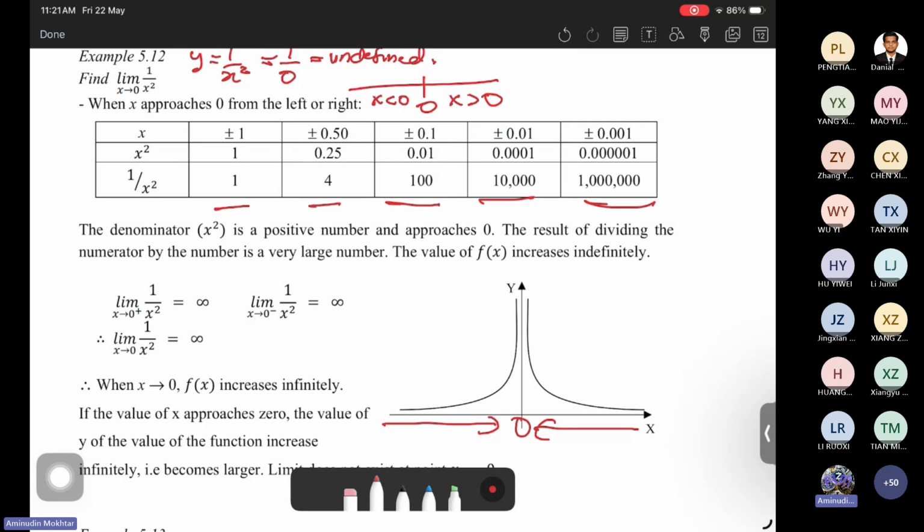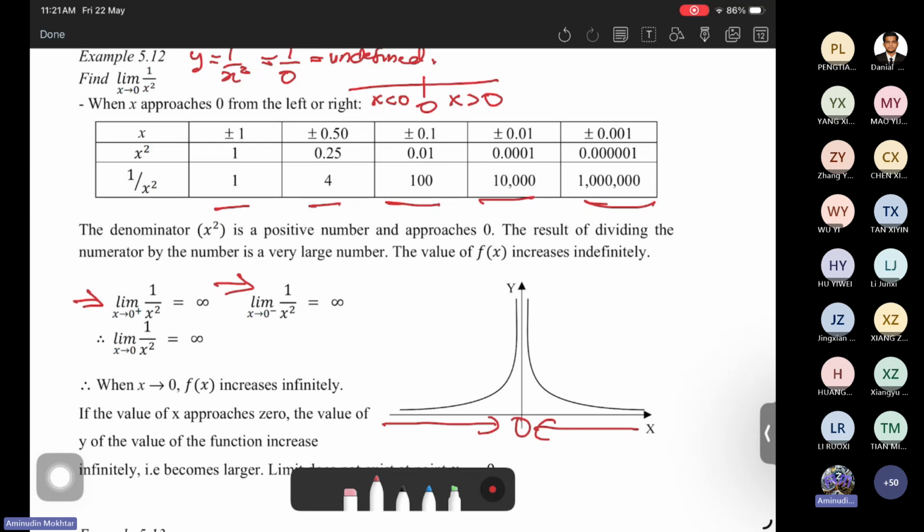In this case, we can say that the right hand limit is infinity, and the left hand limit is also infinity. This infinity shows that the value of f(x) increases indefinitely when x approaches 0, whether from the left or from the right.